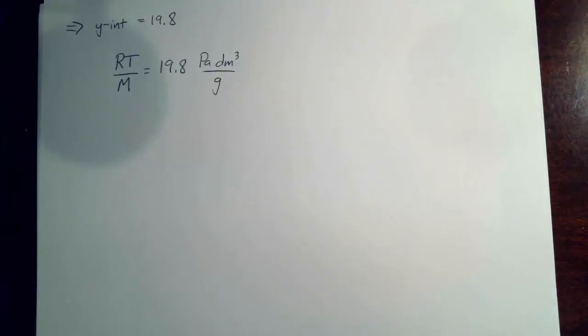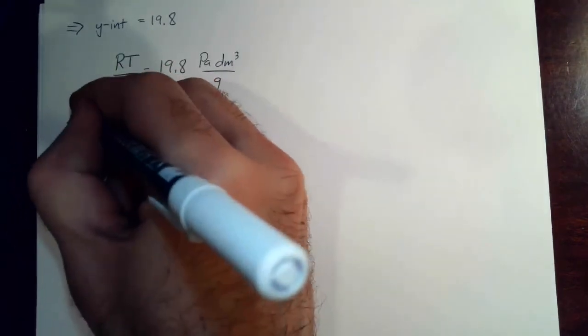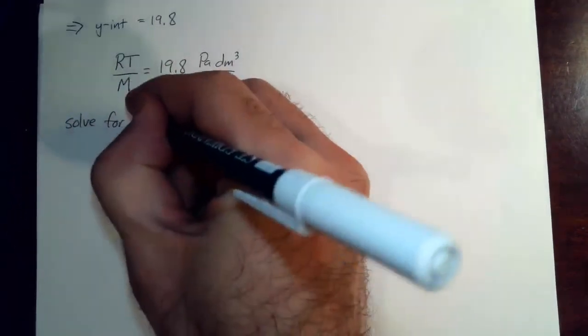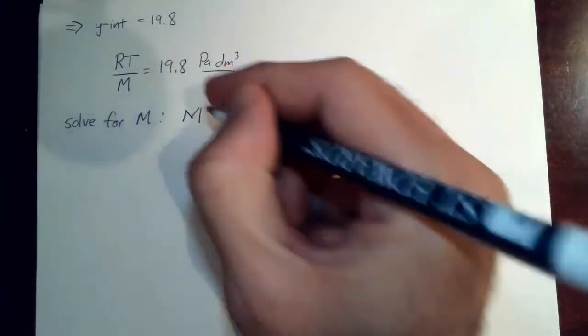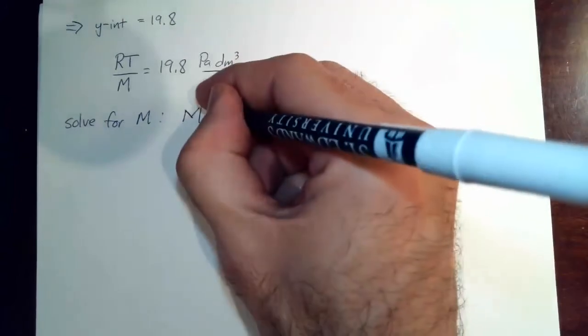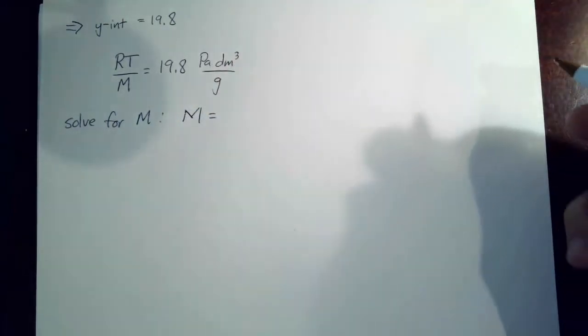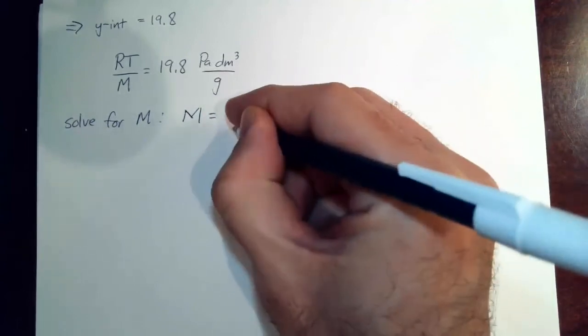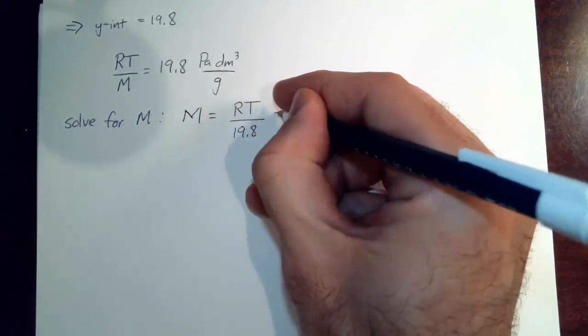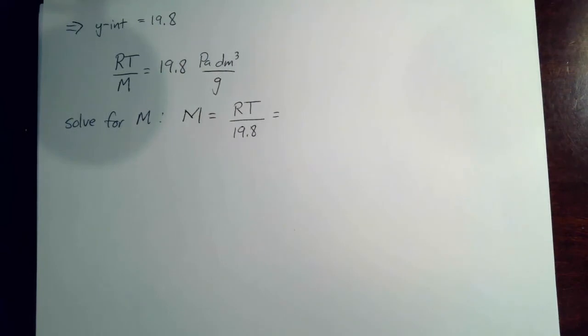All right, and now we can solve for M, because our goal was to find the molar mass of some macromolecule. And so we get RT over 19.8. Now let me plug in some numbers. The lab temperature when this data was taken was 298 Kelvin.